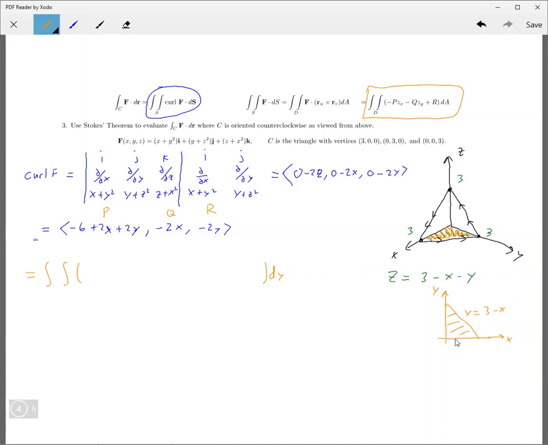Is it 0 to 3? In the y, if you do a vertical line here, it's 0 to the equation. Yes, 0 to 3 minus x. And then x goes from 0 to 3.